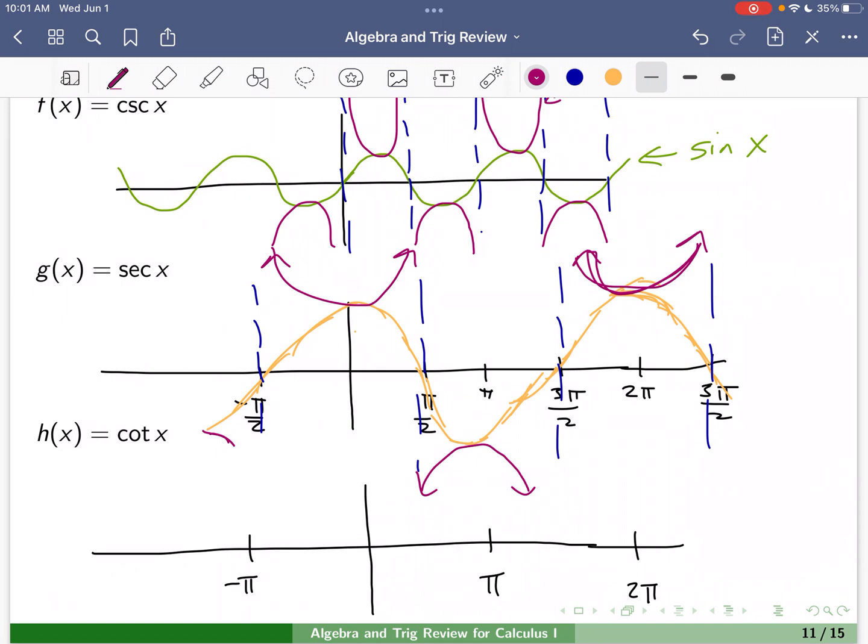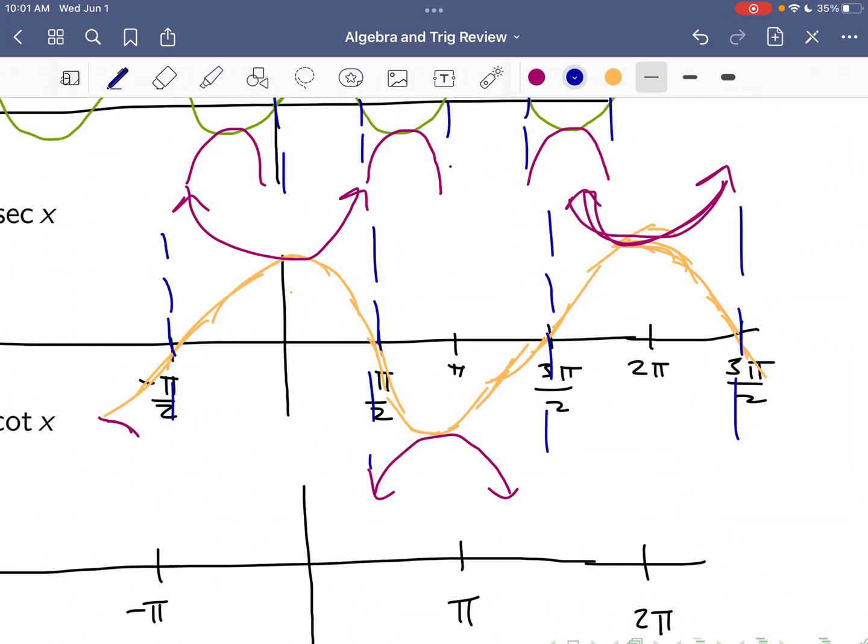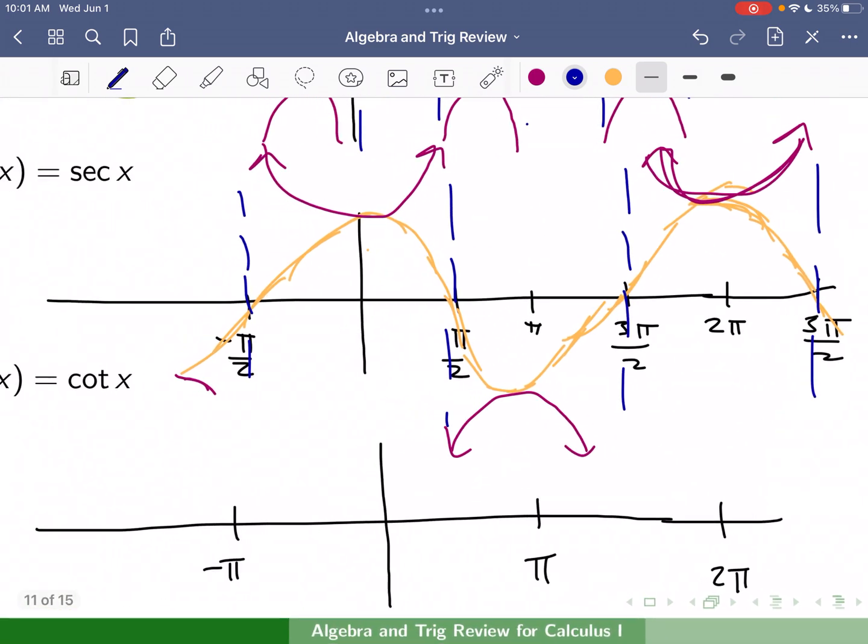And finally, our cotangent graph. It is going to have vertical asymptotes at the multiples of pi. It's very similar to the tangent graph, except it goes opposite.